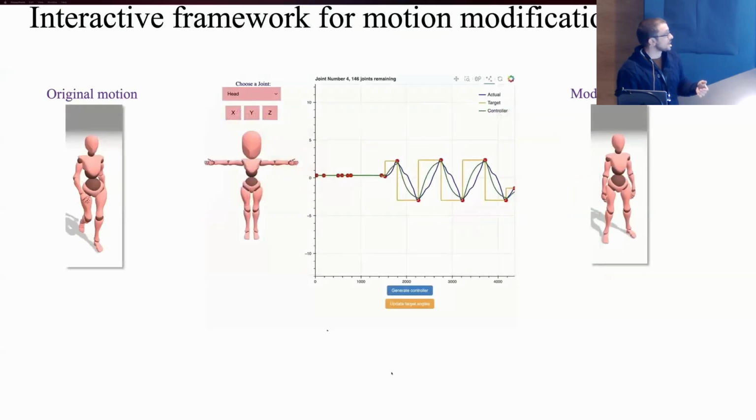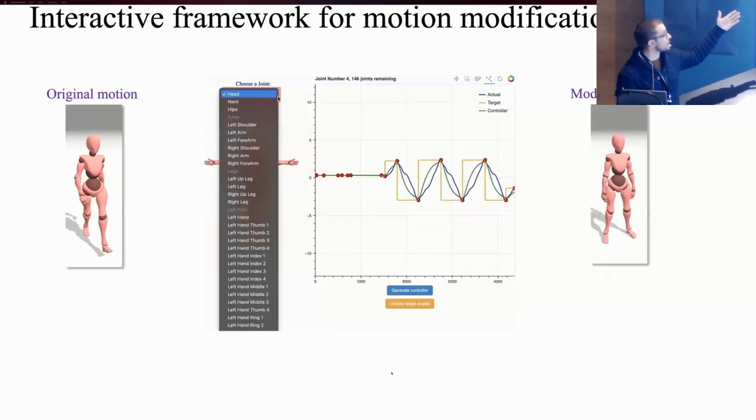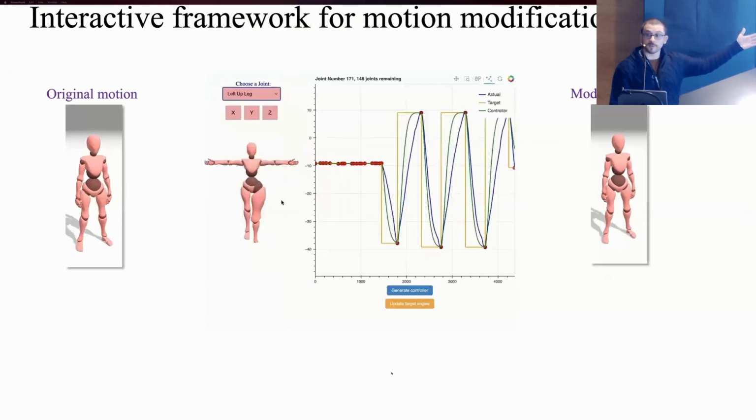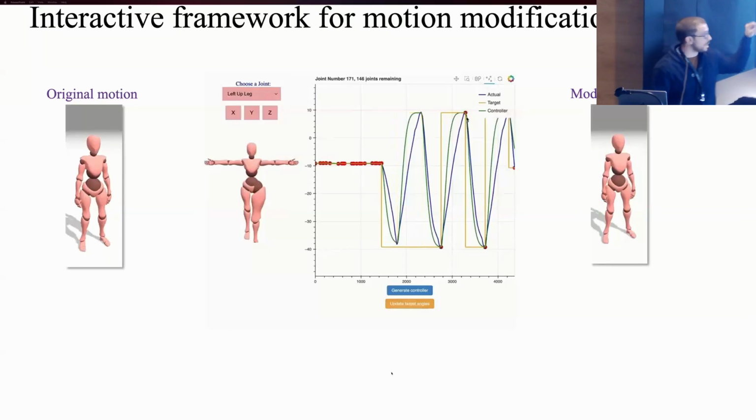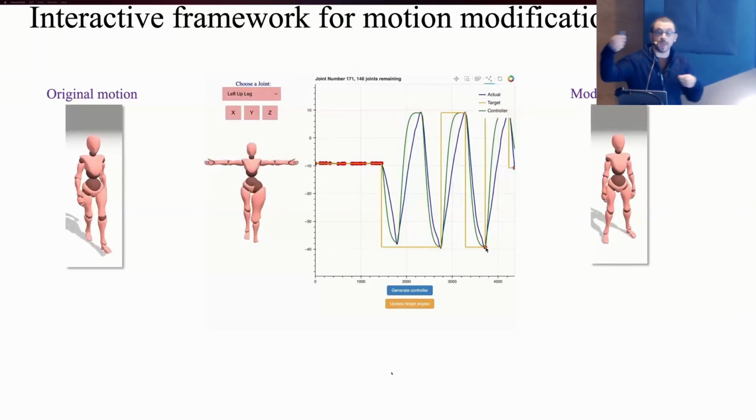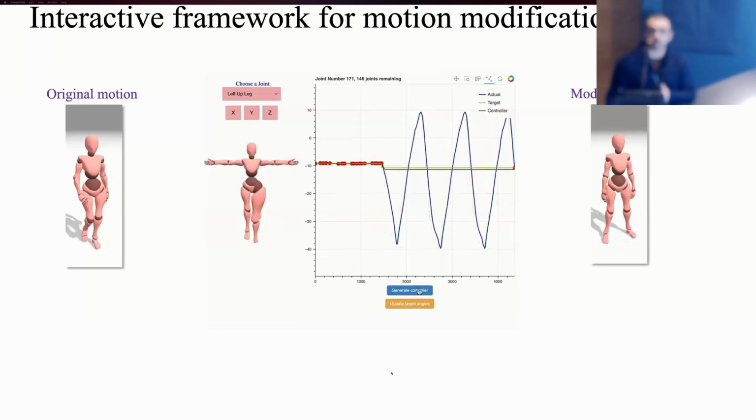And as a last point, what we did is that we designed this lightweight interactive framework so that we can select a joint of the character that we have. And given that joint that we select, we can interactively delete or edit the key points that we use in order to reconstruct the movements.